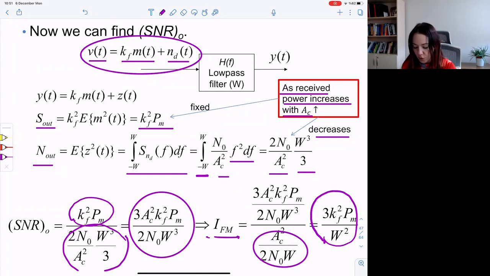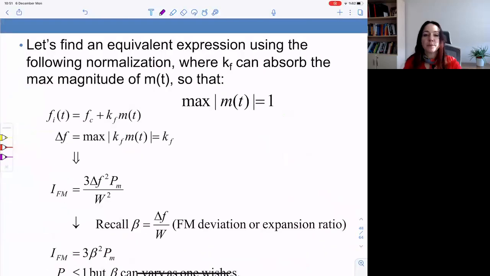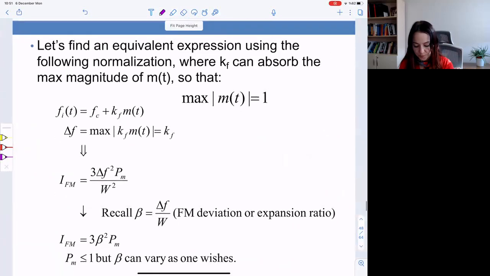And it goes down with the message bandwidth. But by the way, this is all valid in the high SNR regime. There is going to be a threshold effect in FM that we're going to see in a minute.